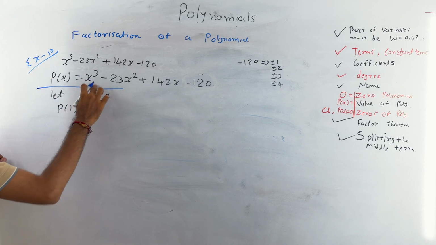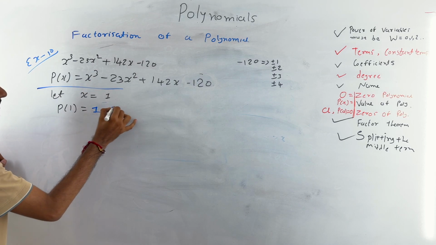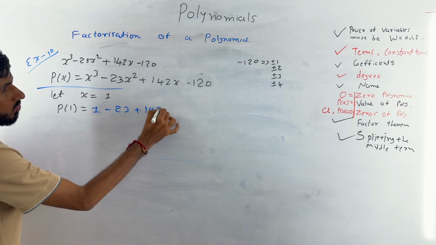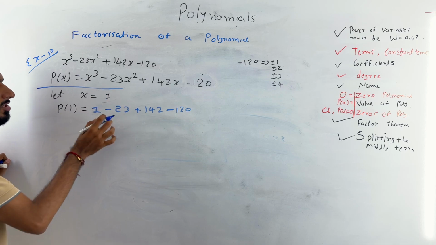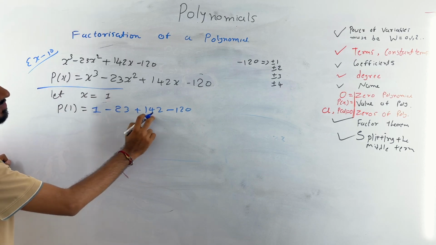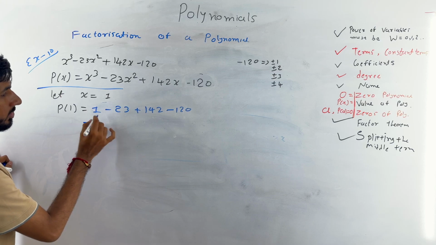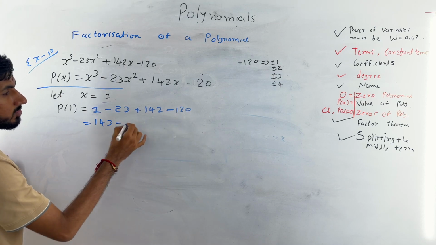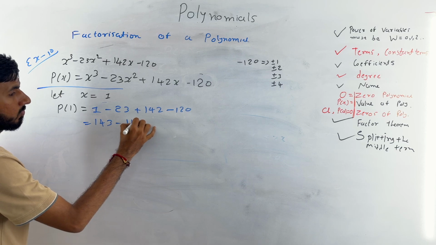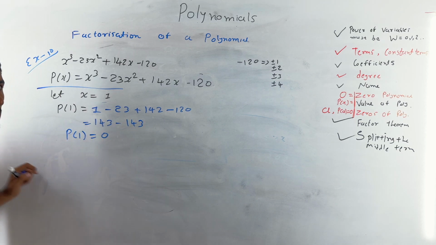I will substitute x equal to 1 and I will write directly the value of x cube, that will equal to 1 minus 23 plus 142 minus 120, right? Because it is very easy. So my answer will be 1 plus 142, that will be 143, minus 23 minus 120, that will be 143 minus 143. So I got p of 1 is equal to 0.